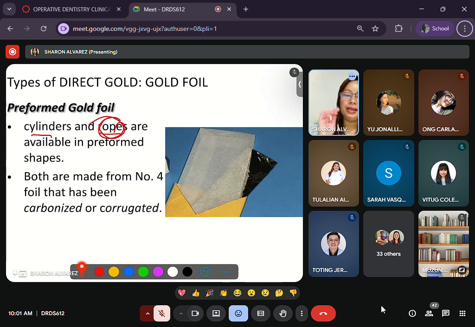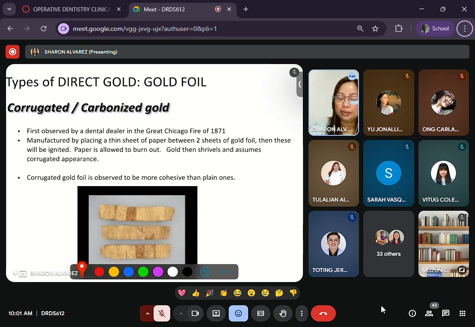Okay? Then there will be a special type of gold foil which is called carbonized or corrugated. When you say carbonized or corrugated, this is the type that is being burned. You know how it all started? The use of corrugated or carbonized gold all started around 1871, because in 1871, there was a great Chicago fire wherein some clinics were caught in fire.